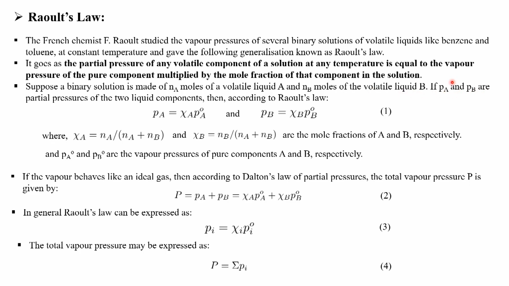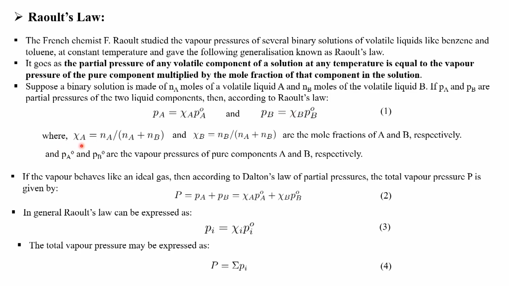If Pa and Pb are the partial pressures of the two liquid components A and B, then according to Raoult's law, the partial pressure of component A in the mixture is Xa times Pa naught, and the partial pressure of component B, that is Pb, is Xb times Pb naught, where Xa and Xb are the mole fractions of component A and component B respectively.